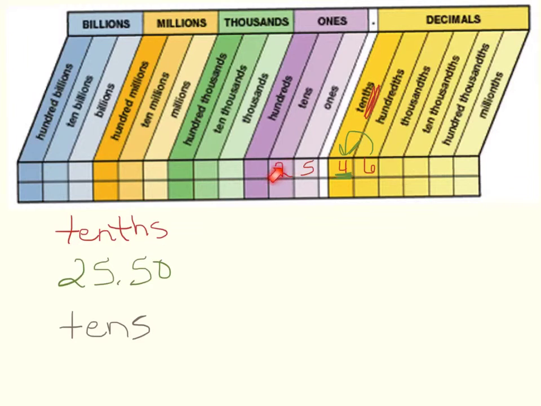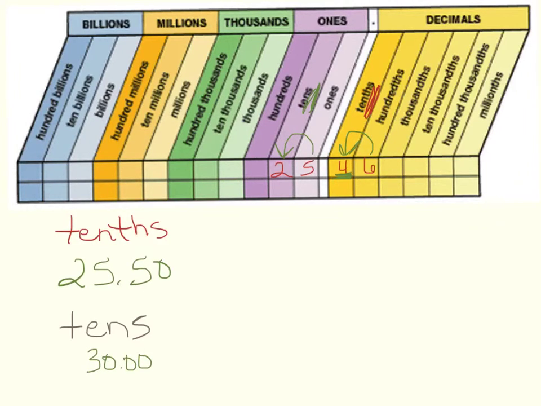So if I want to round the same number to whatever's in the tens place, this is what I'm going to have to look at. And again, the number to the right is going to tell me what to do with it. So 25.46, this meets the 5 or more, so our 2 will soar. It's going to bump up to a 3. And everything behind it turns to zeros.